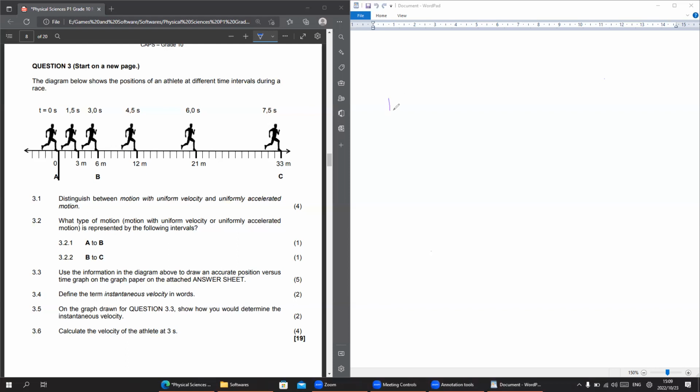Let's just use seconds. The first second, the second second, third second, fourth second. And now what we're looking at here is the displacement and the velocity in a way. So let me just say delta x.